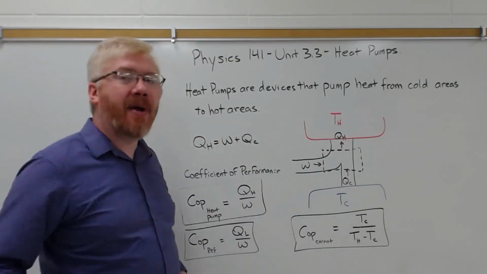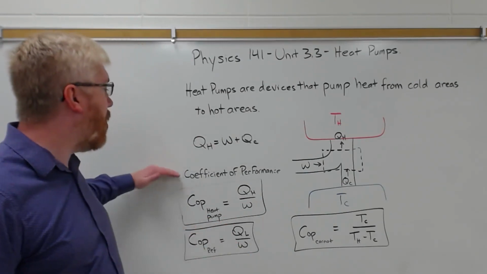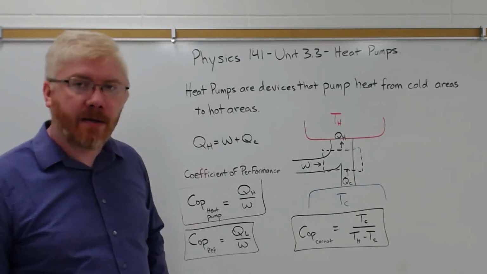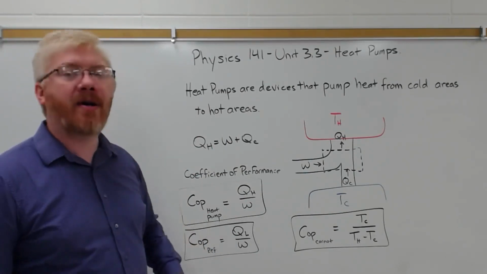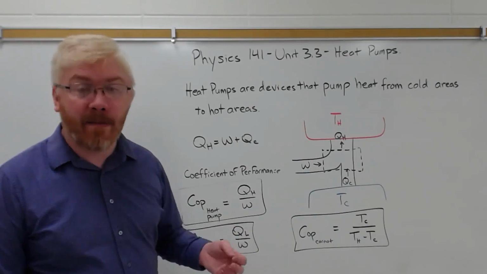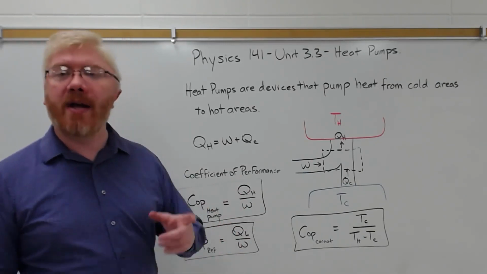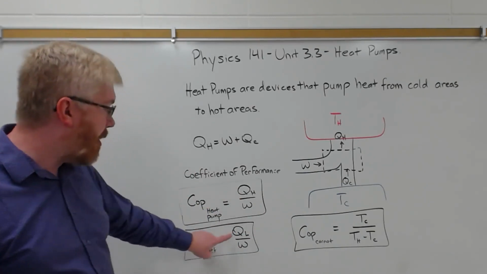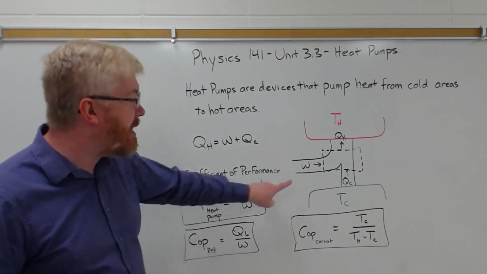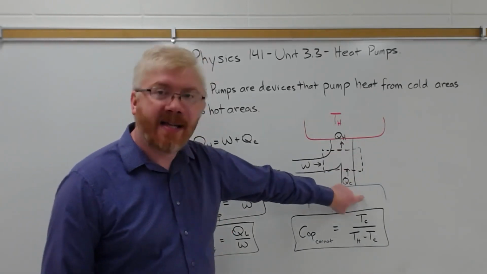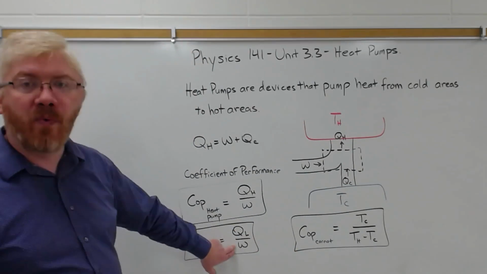So heat pumps don't have efficiencies per se, like engines. They have what's called a coefficient of performance. And the coefficient of performance depends on whether you're talking about a heat pump or a refrigerator. Now, a refrigerator is technically a type of heat pump, but for refrigerators, the coefficient of performance is Q sub L over W. It basically says how much heat you can pull out of the inside of the refrigerator for every joule of work you're doing.